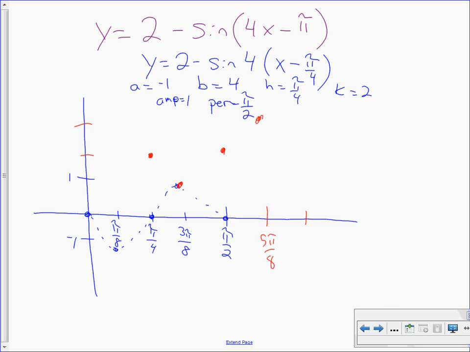And then the last one is at 3 pi over 4, and it's back at 2. So a new graph looks like this. And that's one cycle of the sine curve here. Okay? Do you guys get that okay?